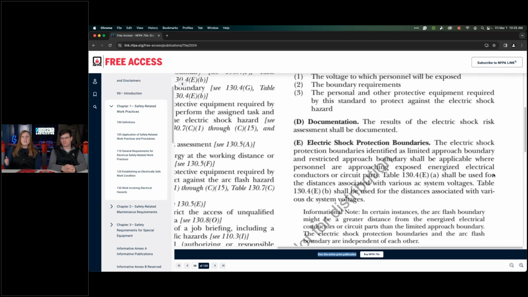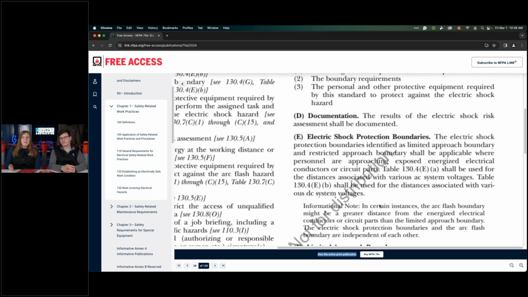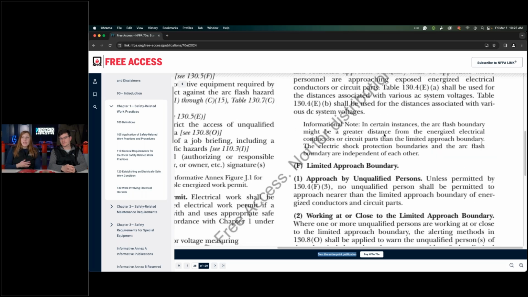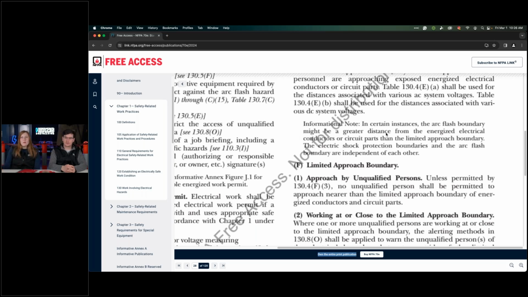Whenever you've got exposed energized conductors or circuit parts. And those distances are based on those two tables that it talks about for AC versus DC voltage. We'll look at what those tables say in just a moment, but that's really what it is. Know the voltage, and then your limited and restricted approach come from those tables. It does have that note that says the arc flash boundary could be greater. So you've got to compare shock versus arc flash whenever you talk about keeping people safe.